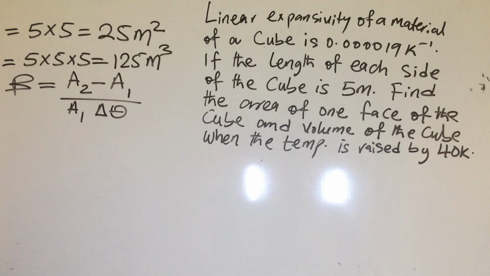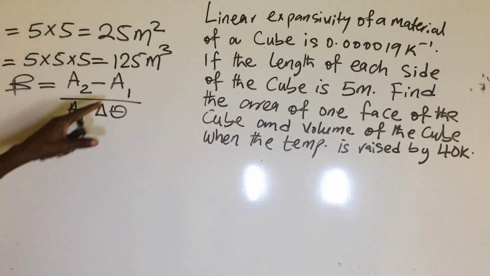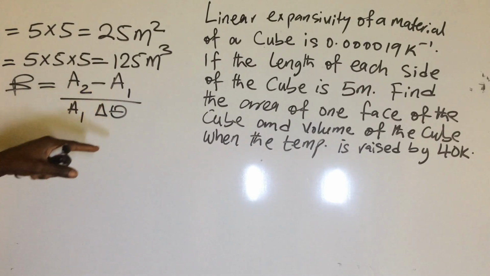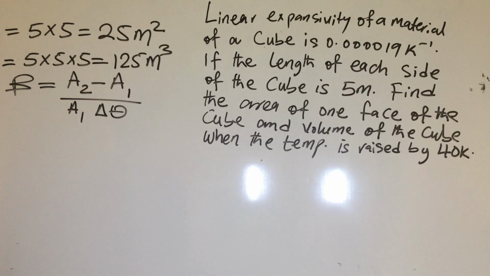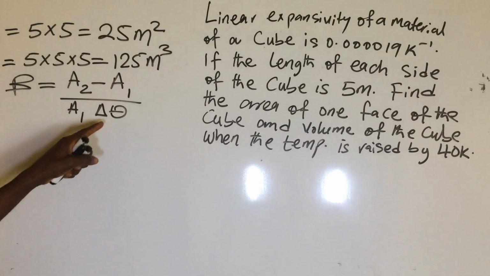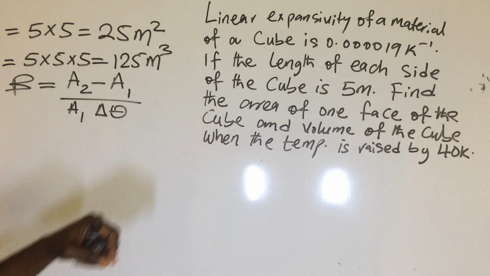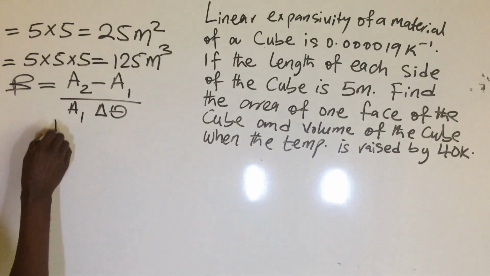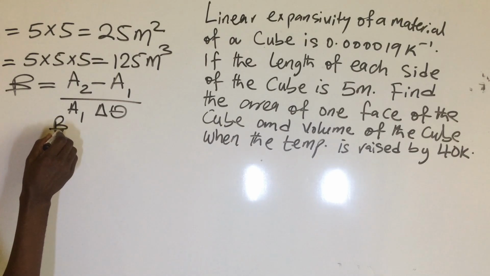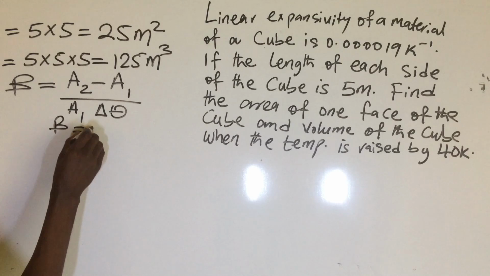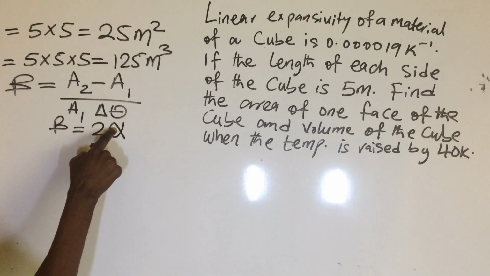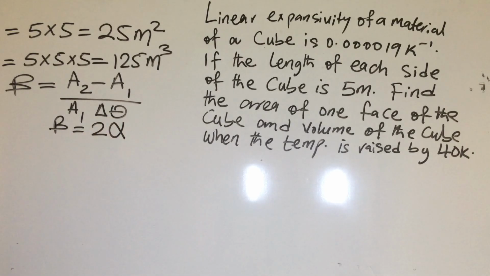A2 is the new area they're asking about, and A1 is the original area before it is heated by 40. But remember that beta, the area expansivity, equals 2 times the linear expansivity. We've calculated it before in our previous calculation.